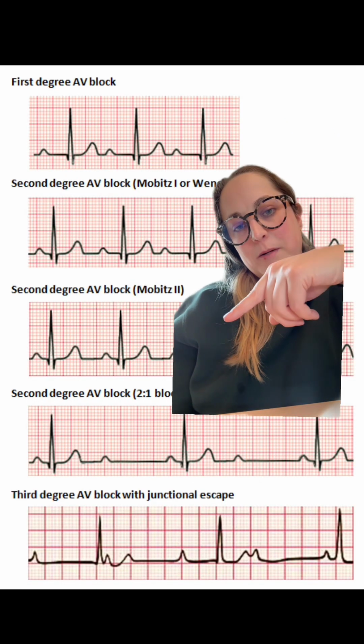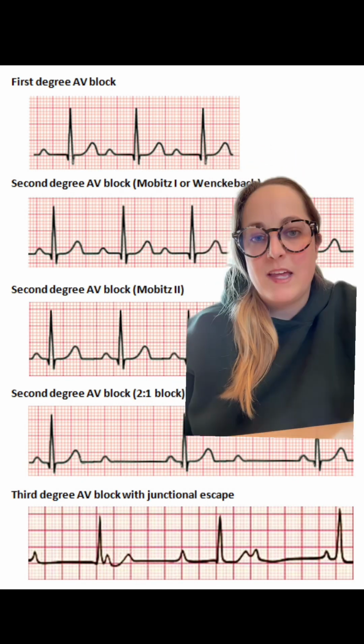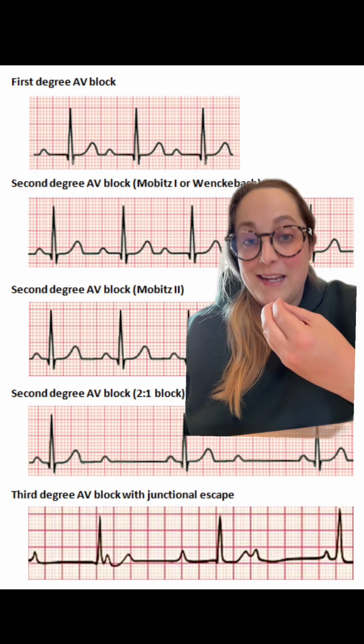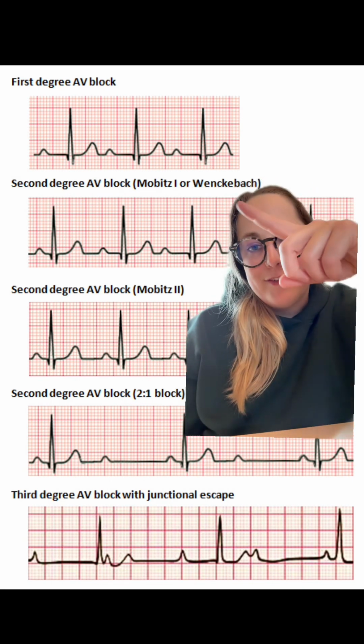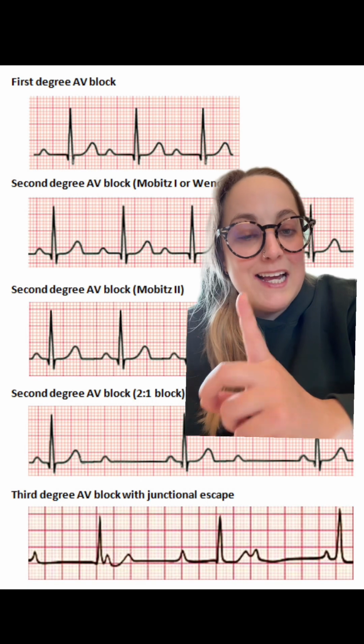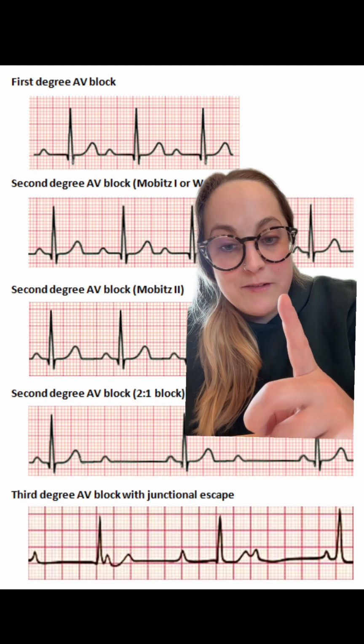When we talk about heart blocks, there are 3 different specific types. This is where knowing normal intervals of the conduction cycle comes in handy. In a first-degree AV block, it takes longer than normal from the beginning of atrial depolarization to the beginning of ventricular depolarization.